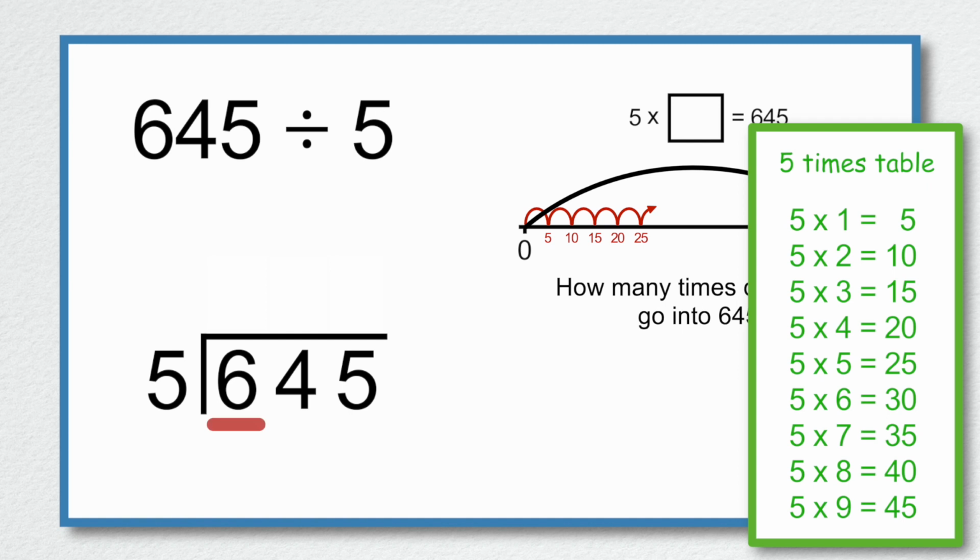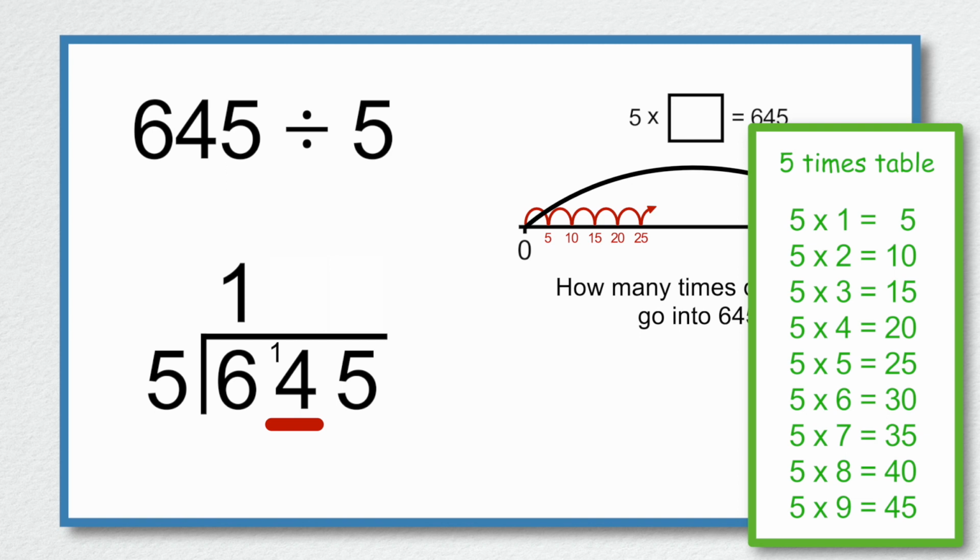We begin with the first digit 6. 6 divided by 5. Well, 5 goes into 6 one time with a remainder of 1. So we write the 1 down above the 6 in the hundreds column, and we write the remainder 1 next to the 4. We now do 14 divided by 5.